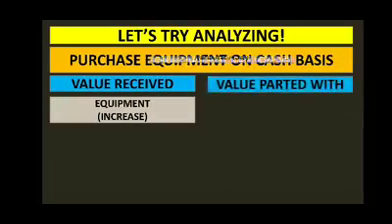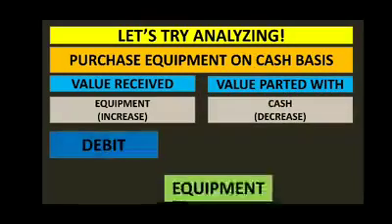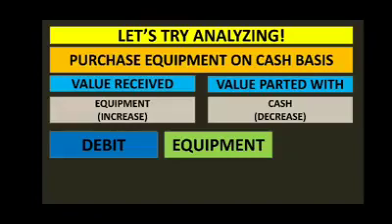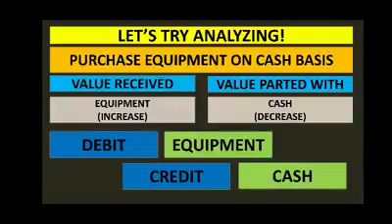Value parted with would be the cash. So, nag-decrease yung cash natin. So, we debit equipment because that is an asset kasi nag-increase yung equipment and then we credit cash kasi bumaba yung asset natin na cash.